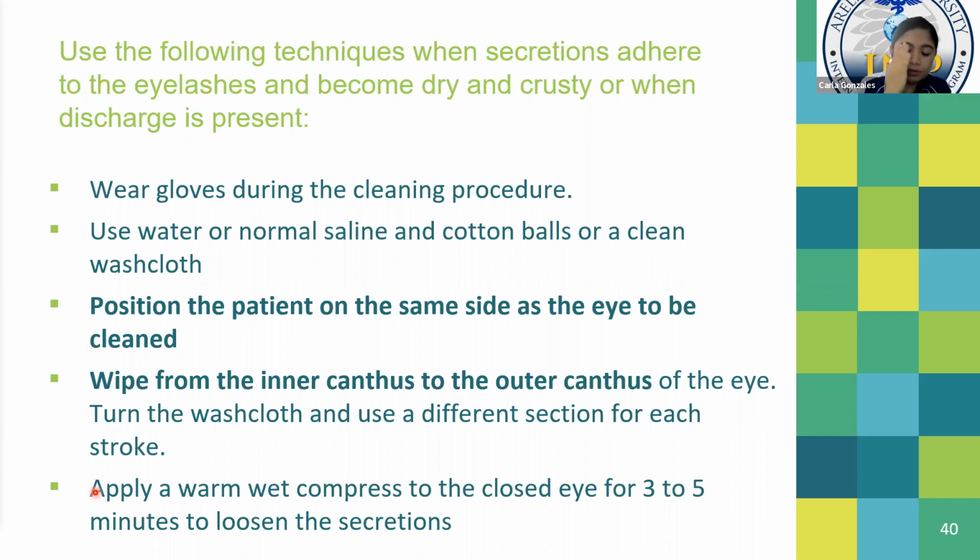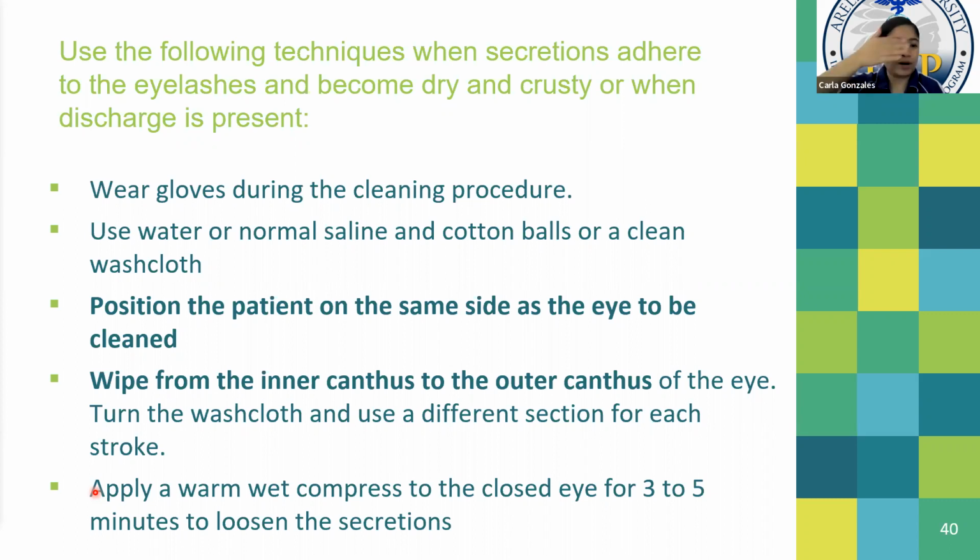If you wipe from the outer going inside, the tendency is you are introducing the contaminants, the microorganisms, from the bad eye to the good eye. So always when you are dealing with the eyes, inner to outer.